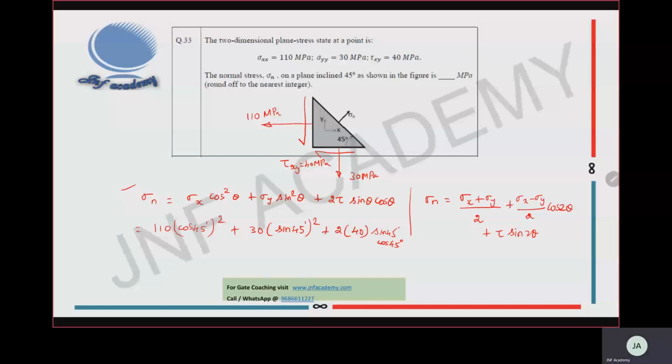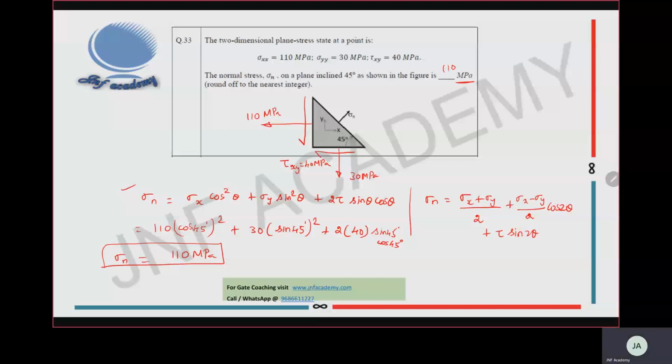If you see the last term, we have sin 45 and cos 45, so here also we can consider it as a square term. Once you simplify everything, you will get 110 megapascal. After simplifying, 220 into (1 by root 2) whole square will come. If you simplify it further, you will end up like this. So the answer, also in megapascal, is 110.